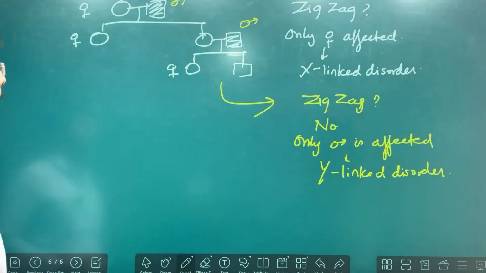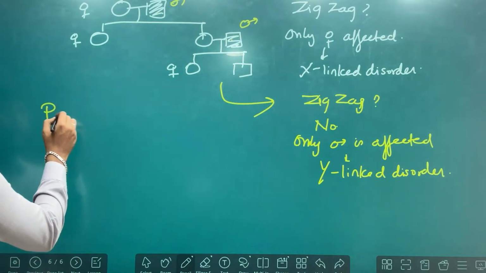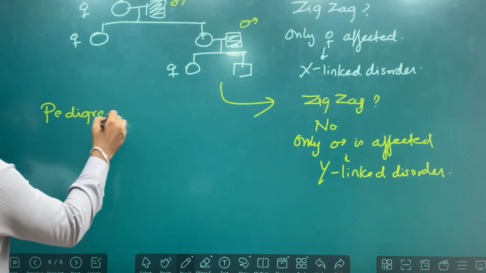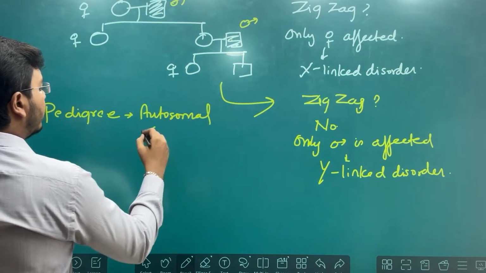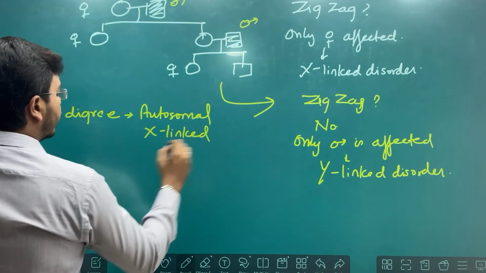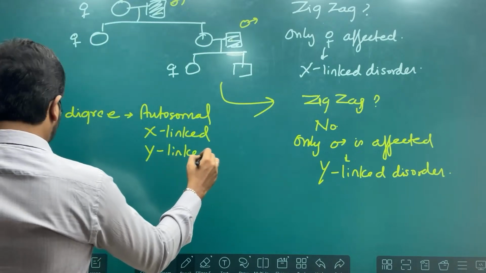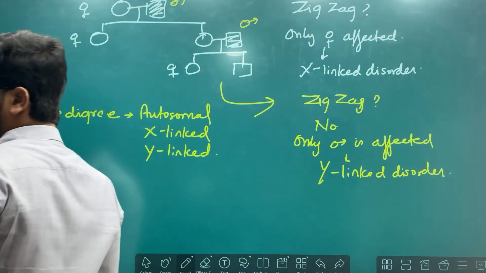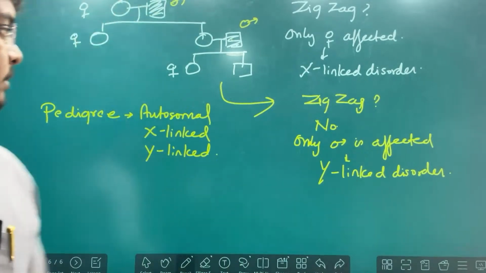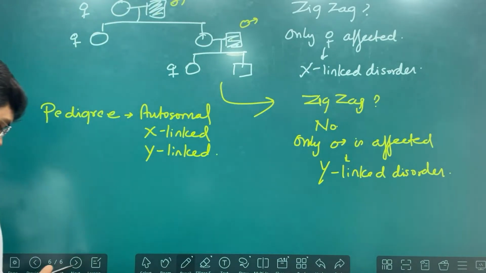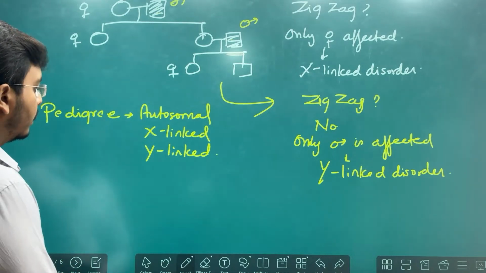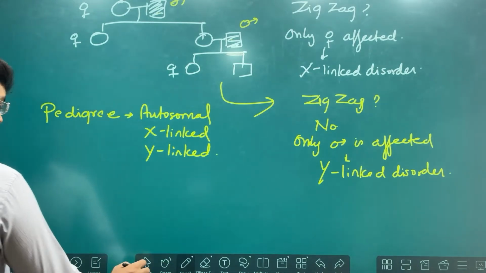Are you clear? So what I am trying to do in pedigree analysis is, I can find autosomal, I can also find X-linked, and also Y-linked disorders. Next one, see.